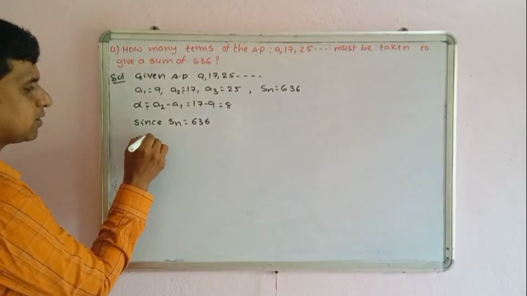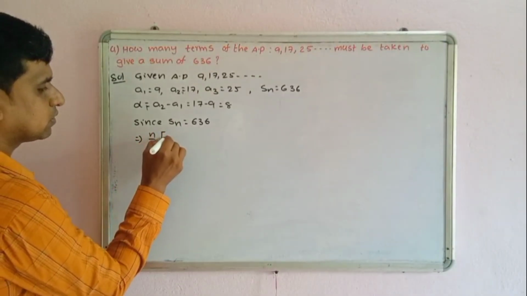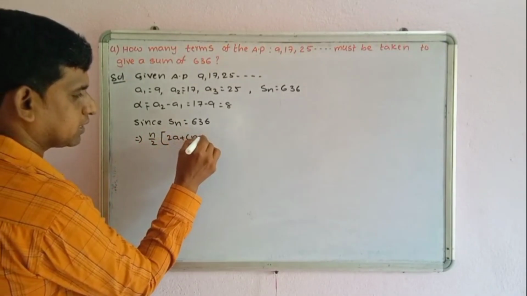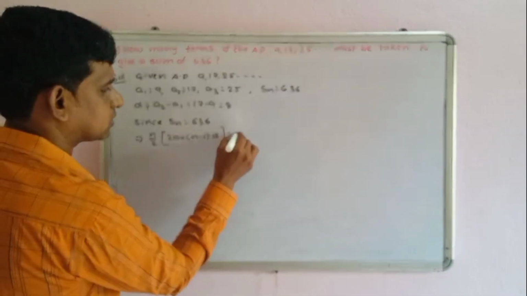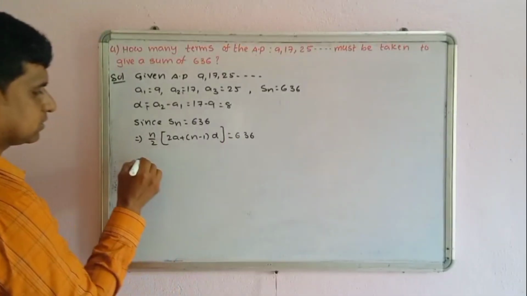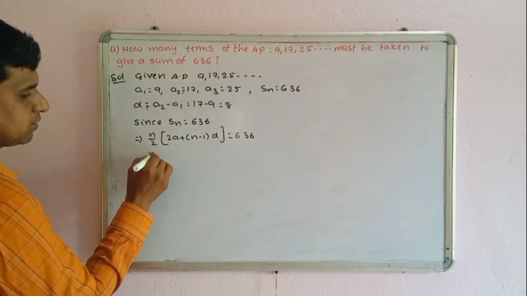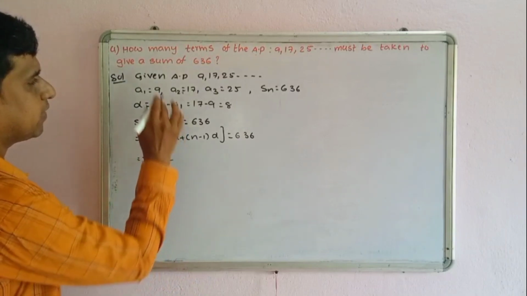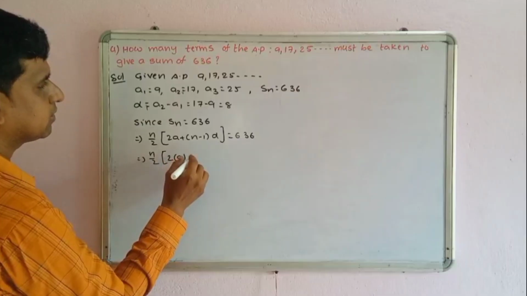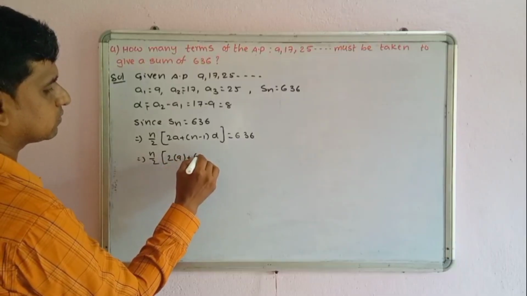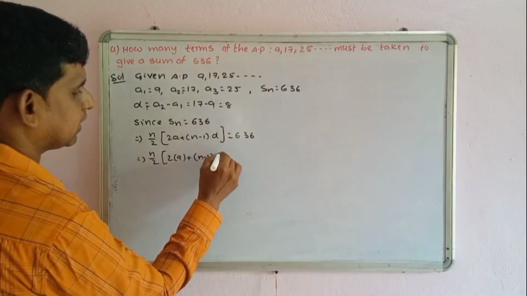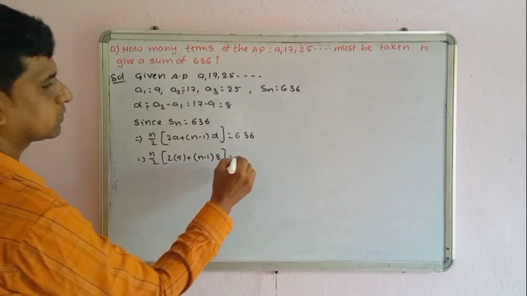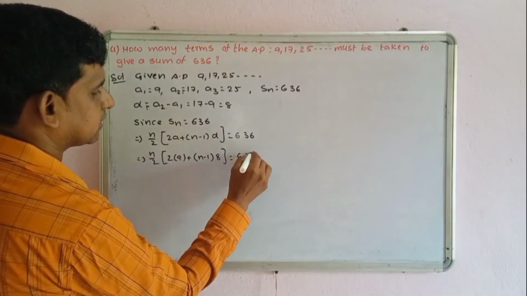What is the Sn formula? n by 2 into 2a plus n minus 1 into d equals 636. We don't know the value of n. So n by 2 into 2 times the a value 9 plus n minus 1 times the d value 8 equals 636.